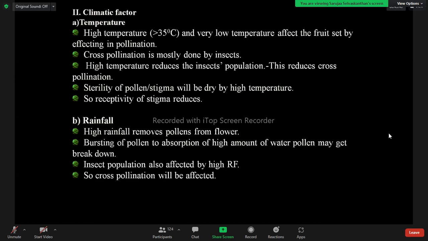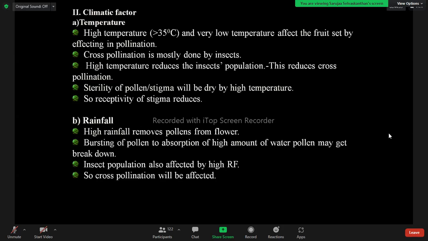which leads to reduced cross-pollination. And the second one, the sterility of pollen, or the stigma will dry because of the temperature. Pollen also becomes dry. The receptivity of the stigma reduces due to high temperature. It starts to dry, and the pollen also starts to dry.